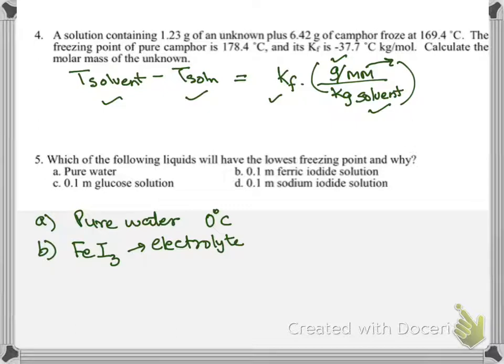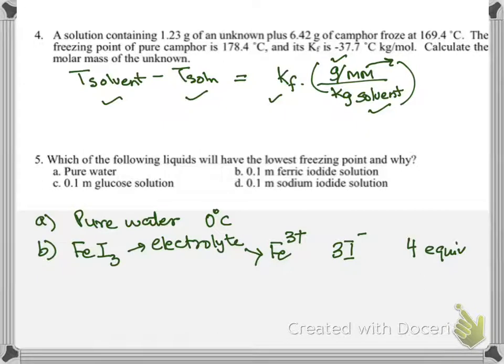So if you take ferric iodide, that means in the solution it is going to break down into one ferric ion and 3 equivalents of iodide ions. So basically adding 1 equivalent of ferric iodide means you are adding 4 equivalents.